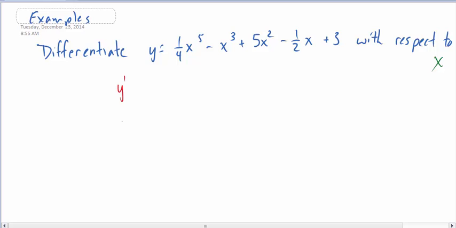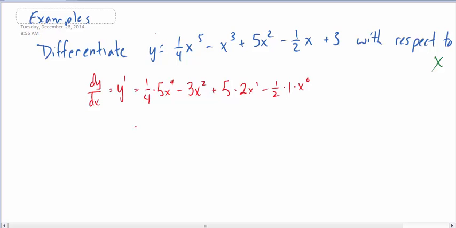So y prime, or we could say dy/dx, derivative of y with respect to x, is equal to 1/4 times 5x to the 4th minus 3x squared plus 5 times 2x to the 1st minus, well, this is 1, it comes down, 1/2 times 1 times x to the 0, and derivative of a constant is 0.